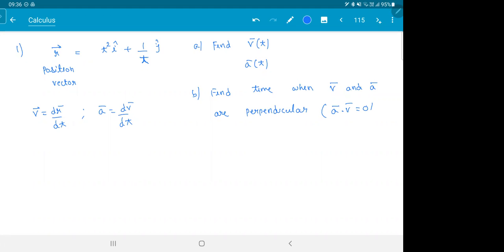Position vector is t square I cap plus 1 by t j cap. So differentiated once, you get velocity, differentiated again.